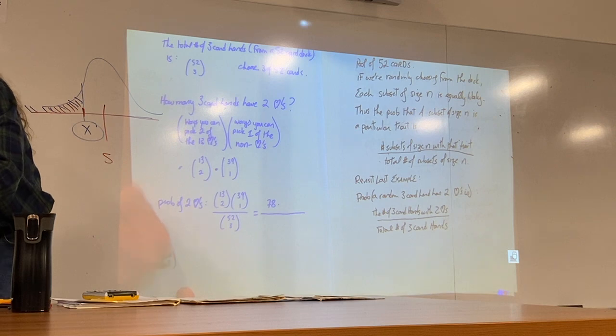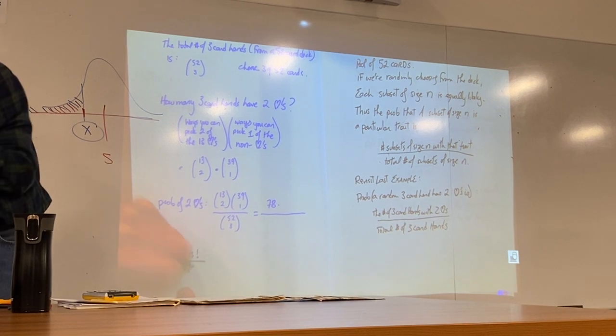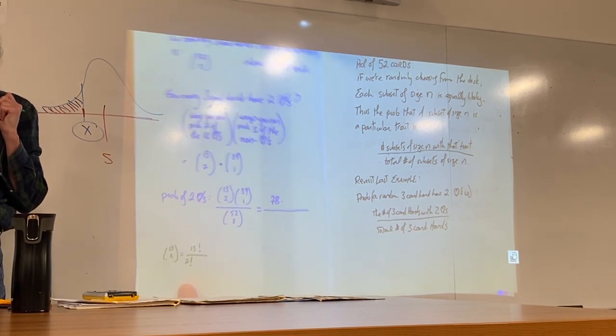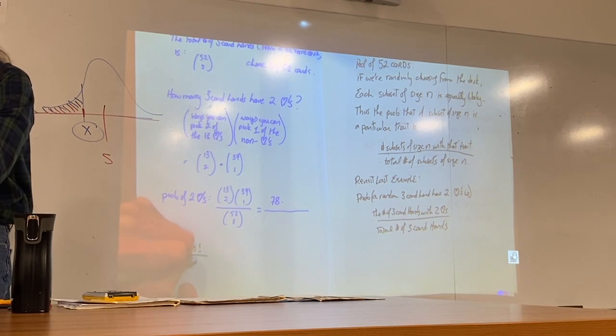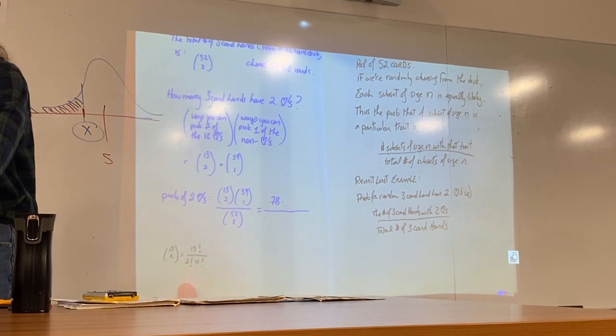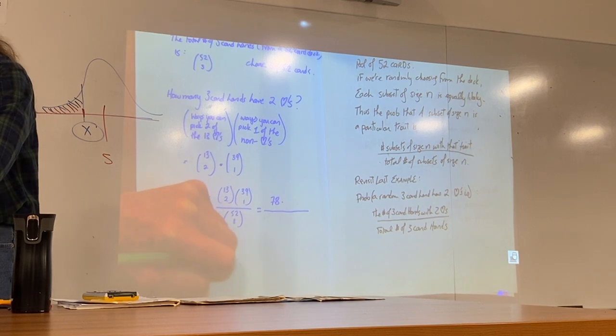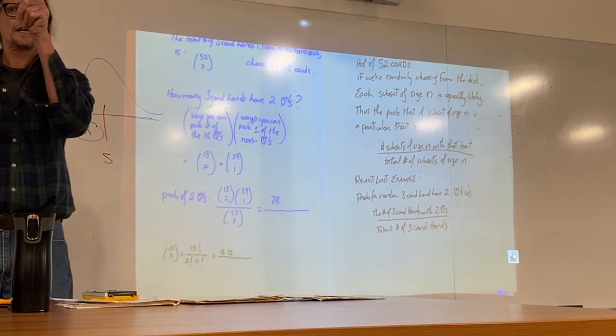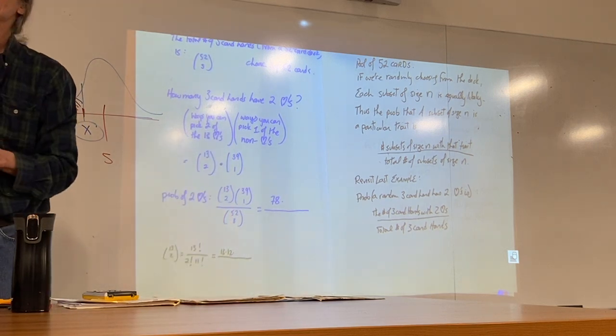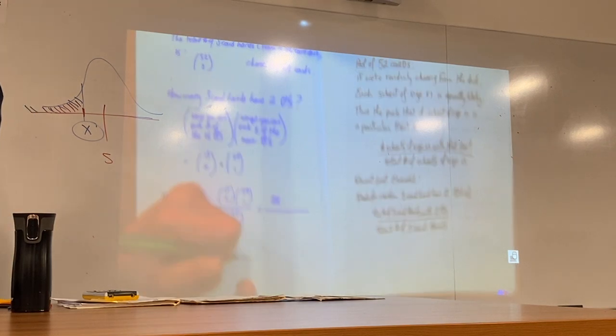13 choose 2 is 13 factorial over 2 factorial times what? 11 factorial. Okay. 13 factorial is 13 times 12 times 11 factorial, right?